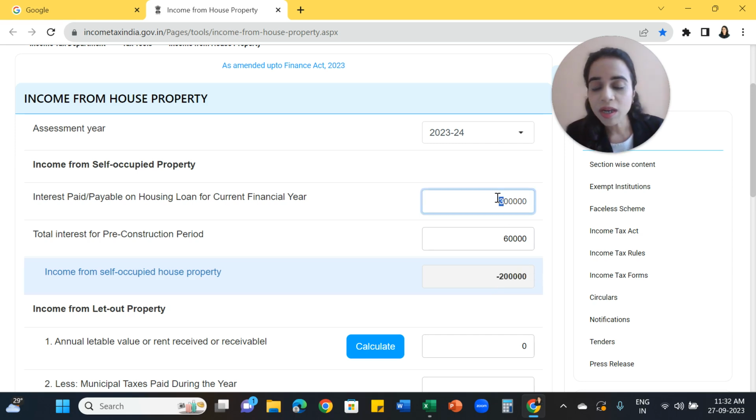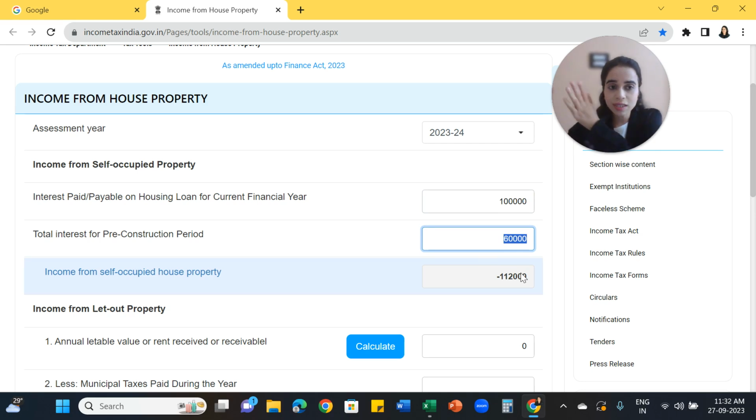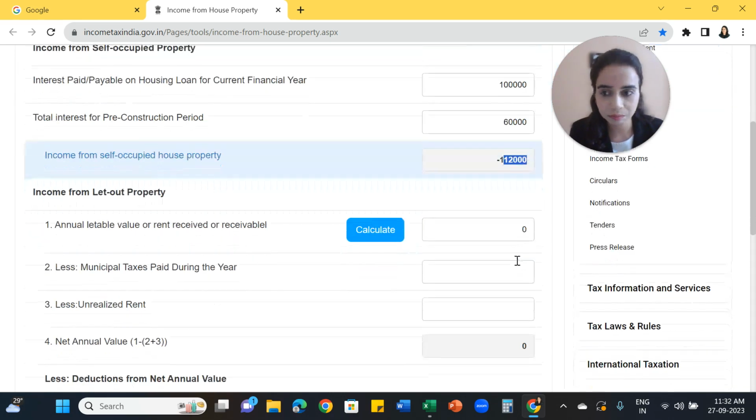So the pre-construction interest is the interest from the construction period, from the date of borrowing to the date till the construction is completed, and that interest we get divided into 5 annual installments. So out of 60,000 we have got only 12,000. So we have got 1,12,000 here.